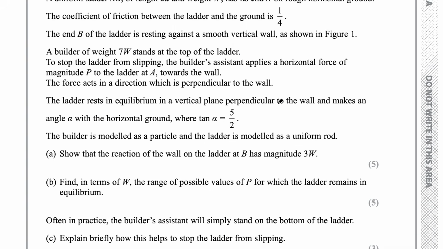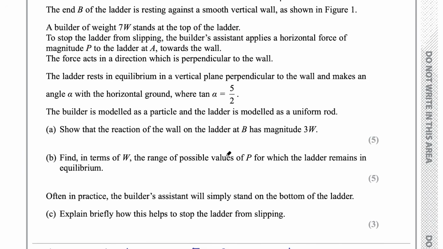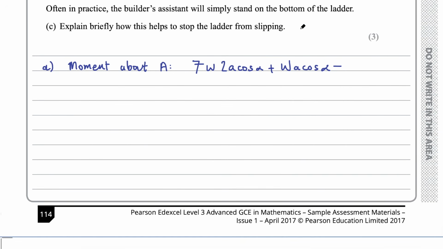Why just A? Well, remember this weight is in the middle of the ladder. We don't have to move it the full distance, we only need to move it half this horizontal distance, which is half of 2A cosine alpha, which will just be A cosine alpha. And then we subtract this force pushing back from the wall on the ladder, which we're looking for.